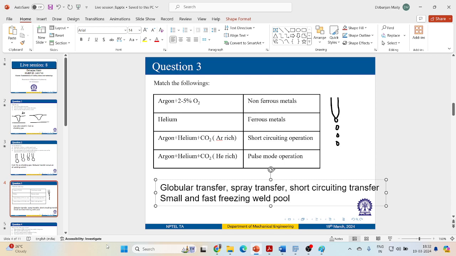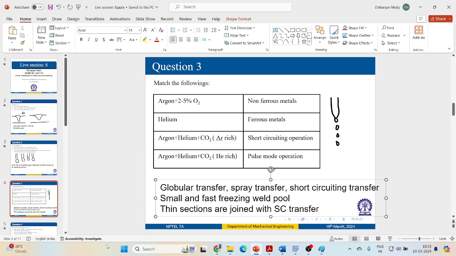When you want to join thin sections, right? So thin sections are joined with short circuit transfer. Or what else?